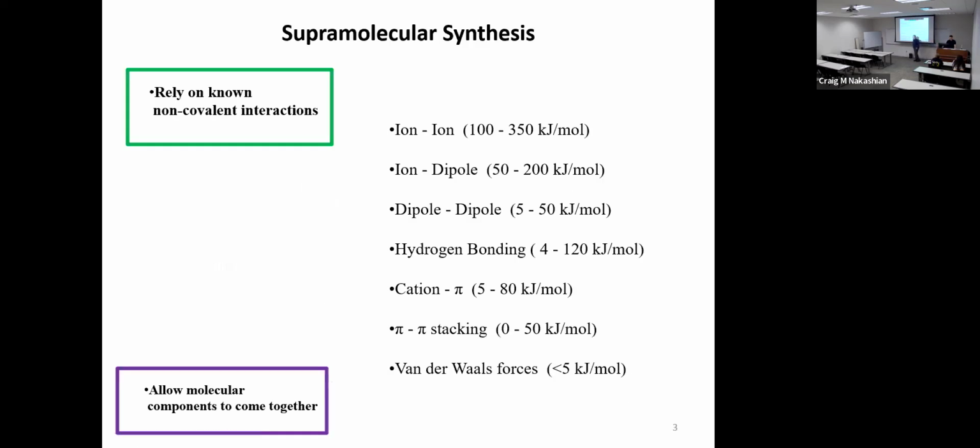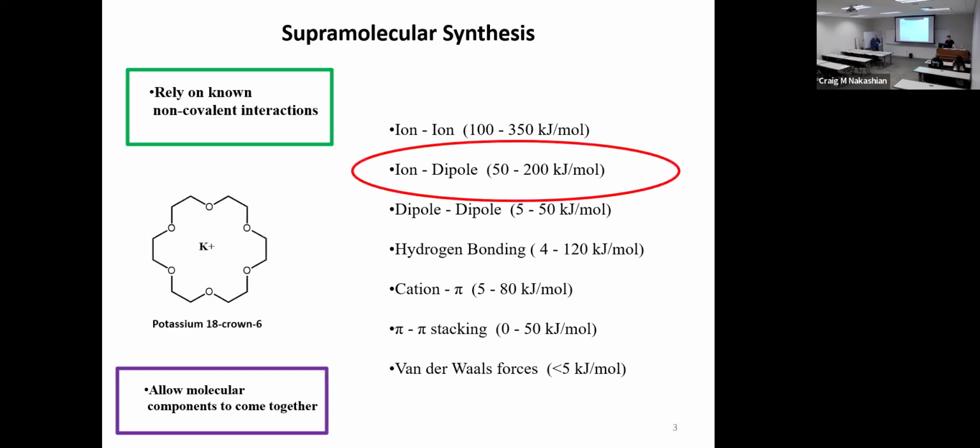There. Okay. All right, so this is with respect to supramolecular synthesis. These are all known weak interactions, quote, unquote, weak. But we placed a few at the very top just to show you the top of the regime that we could possibly have. So ion-ion interactions, so we're talking about basic salts like sodium chloride, cation and anion, have a range of 100 to 350 kilojoules per mole. And as you can see, it goes down in energy through the list.